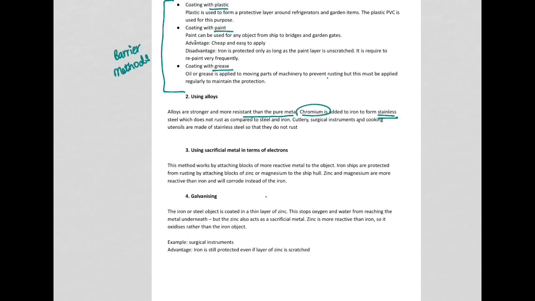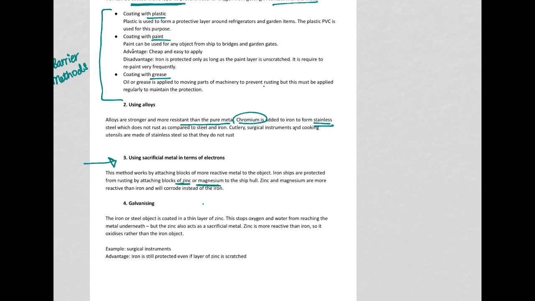Next, let's see sacrificial protection. The iron or the steel is protected by placing it in contact with a more reactive metal. These metals include zinc, magnesium, or aluminium. We use these metals because they are more reactive than iron.